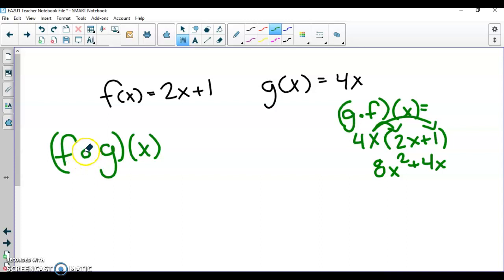When we have an open circle that's a little bit bigger, this means composition. Mathematics is a language. We have to translate. So f composed with g, all this means is the function g, so this 4x, I am going to actually plug this function into f. I'm going to plug g into f.